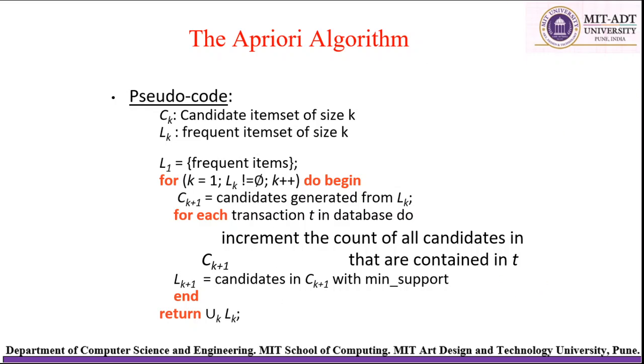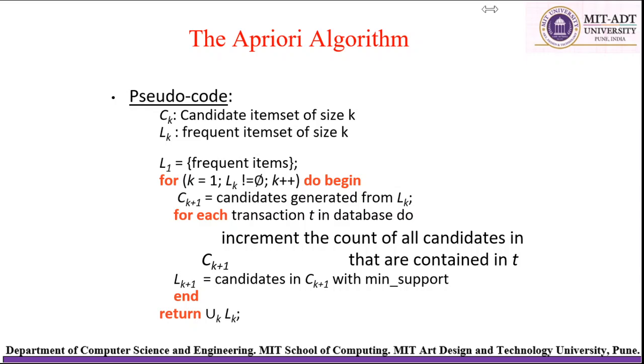So the pseudocode for this algorithm is written here. Ck is the candidate item set of size k. So initially you have the candidate sets. From these candidate sets we identify the frequent item sets.